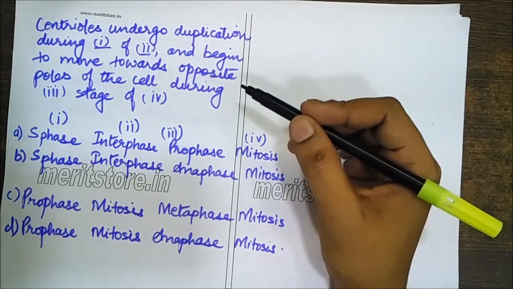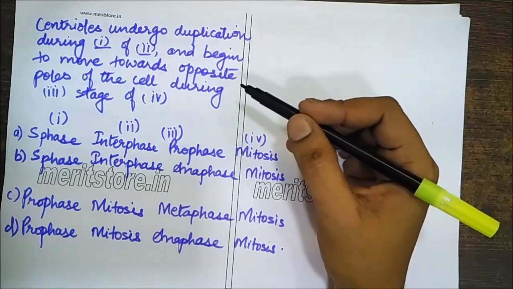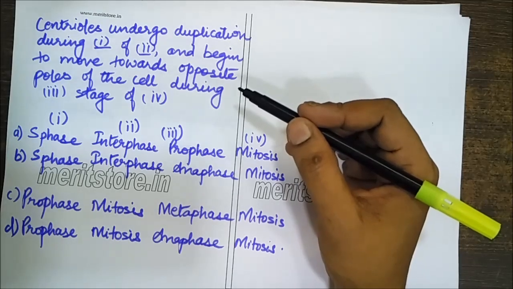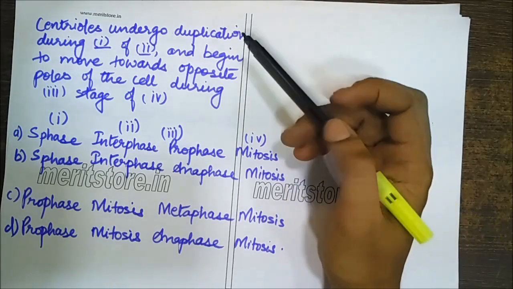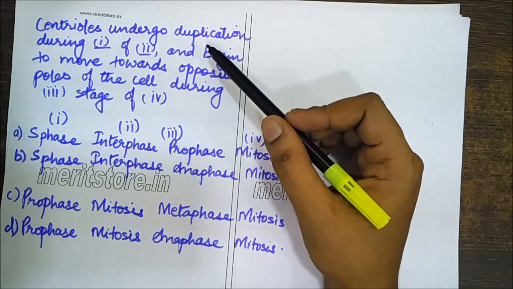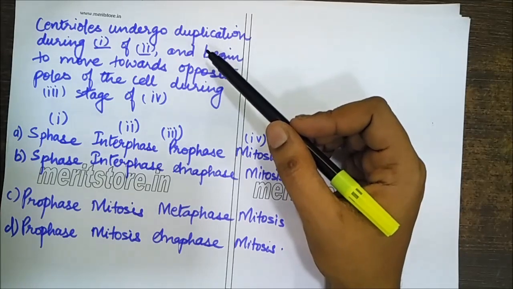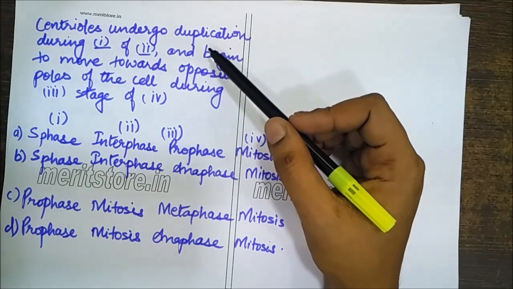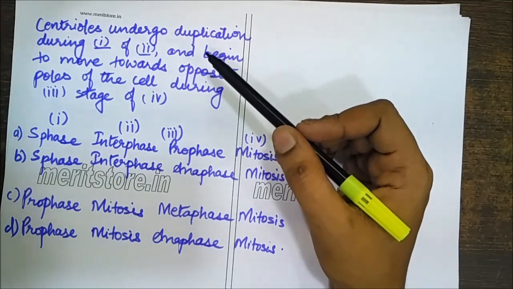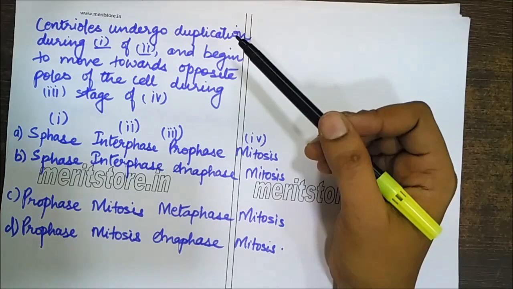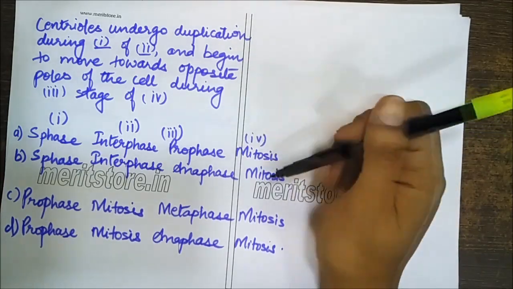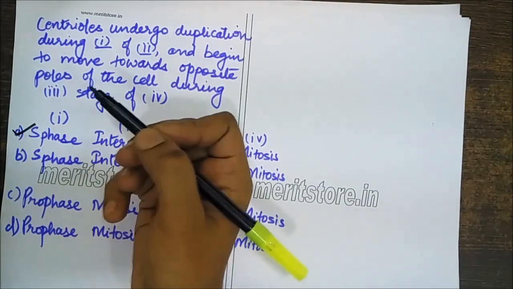During the S phase, DNA replication begins in the nucleus and centrioles duplicate and move towards the opposite poles of the cell, and also in prophase of mitosis. So the correct option is A.